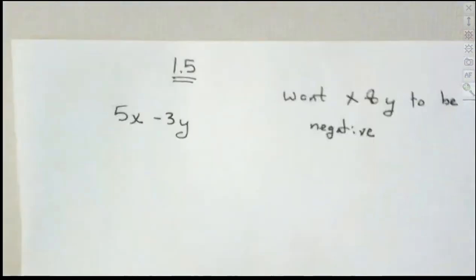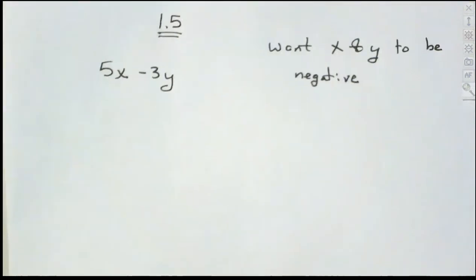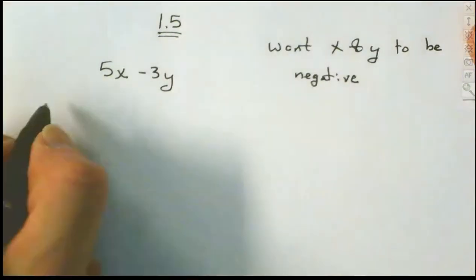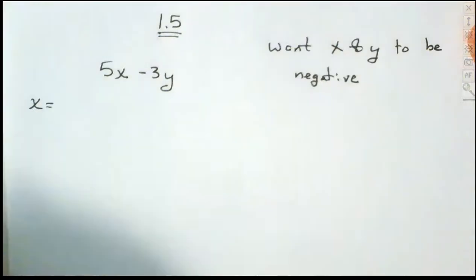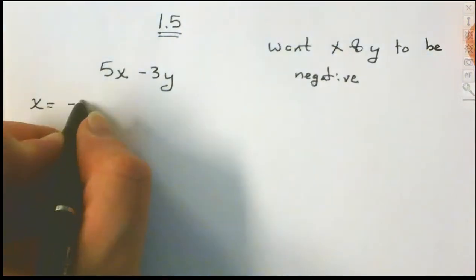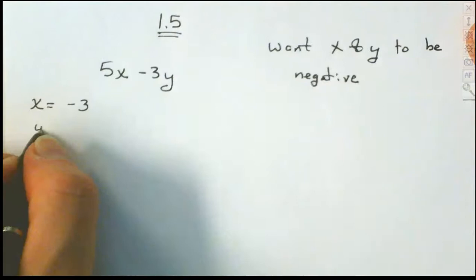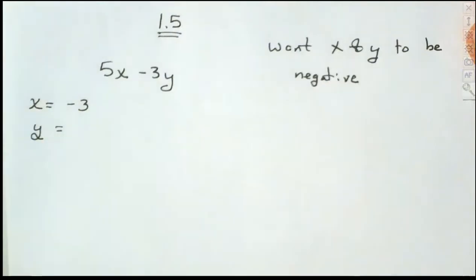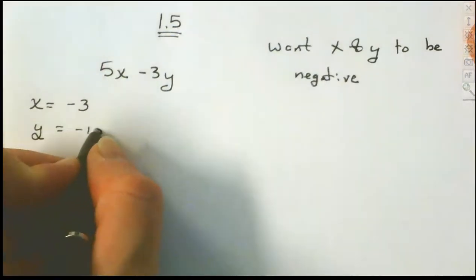Now, we're not just going to try one set of numbers. We're going to try a couple of sets to see what's going to happen. So we're going to plug in some numbers, and we're going to see what the results are. So let's start by using, how about they have to both be negative, how about x is minus 3 and y, and you can use any numbers that you want, is negative 10.